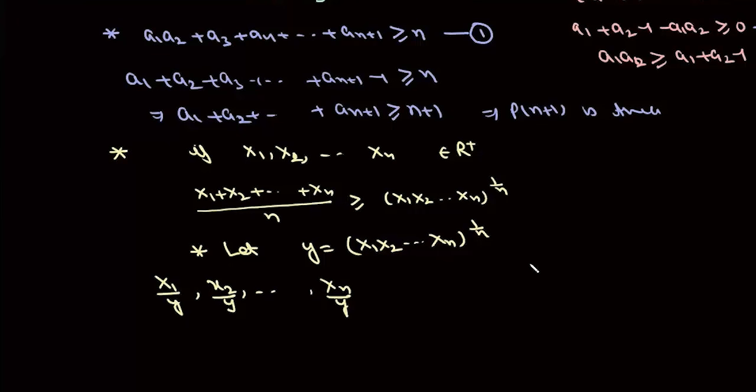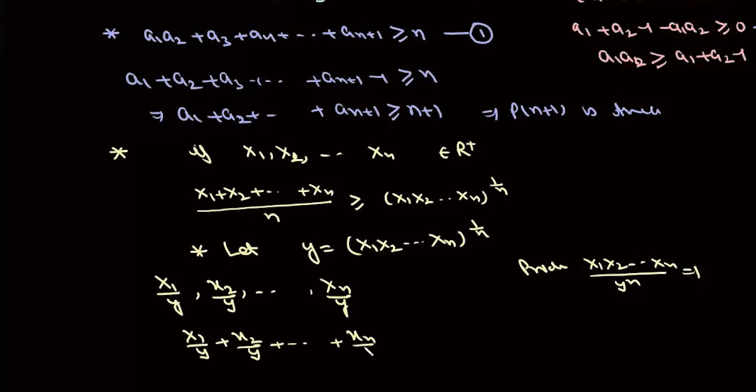Now if we take their product, it will be x1, x2, xn upon y to the power n, which is 1. Then from the previous lemma, we can say that x1 upon y plus x2 upon y up to xn upon y will be greater than or equal to n.